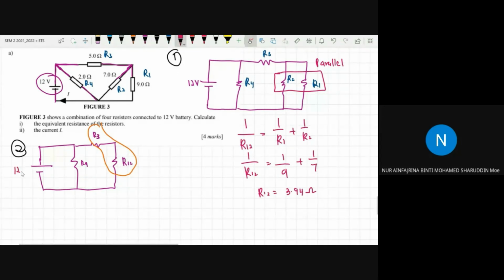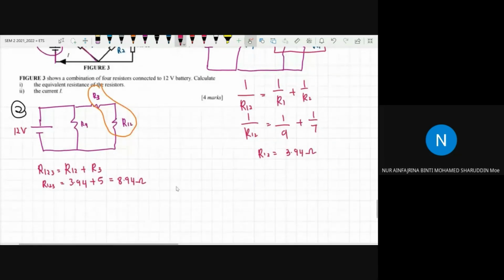Series. Very good. So R12 tambah dengan R3. So R12 awak adalah 3.94. R3 awak adalah 5. So tekan kalkulator akan dapat 8.94 ohm. Settle. Okay, now let's do the third one.